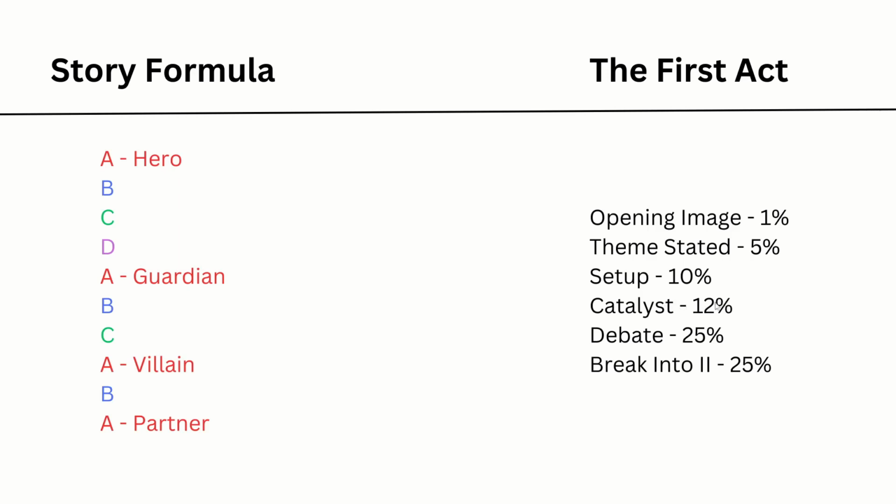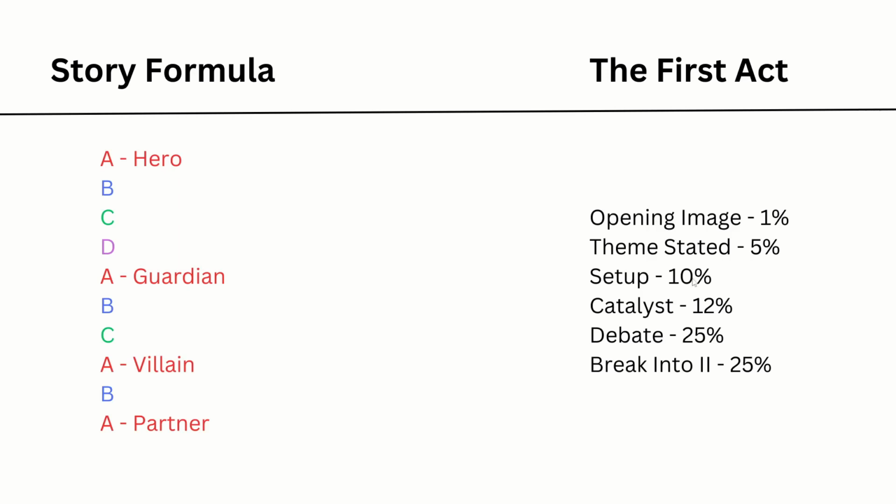That usually happens at the midway point of the first act. And then there's this valley that no one can really explain called the debate stage, which leads into Break Into 2. It involves a refusal of the call and assistance from the mentor, and it's like this big valley that no one can ever explain, that hopefully I'm going to explain to you.